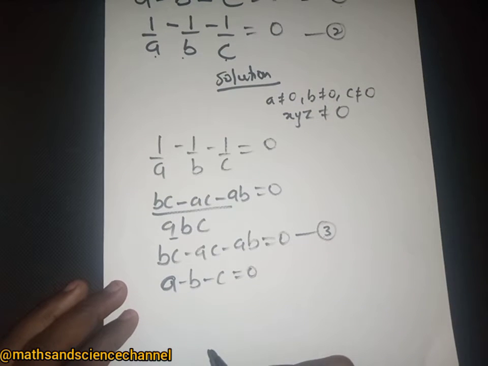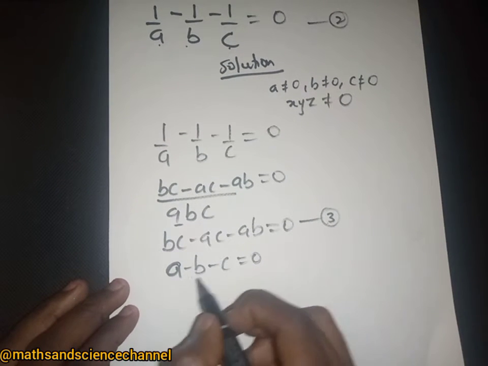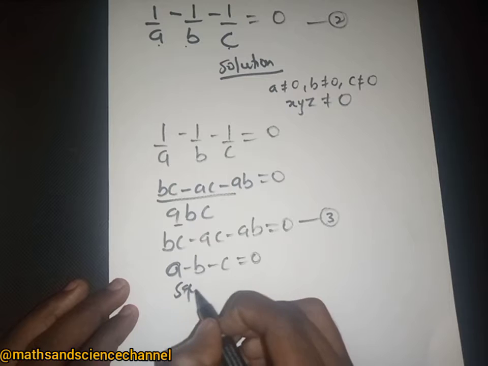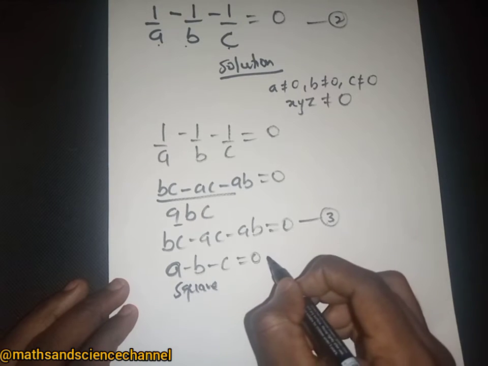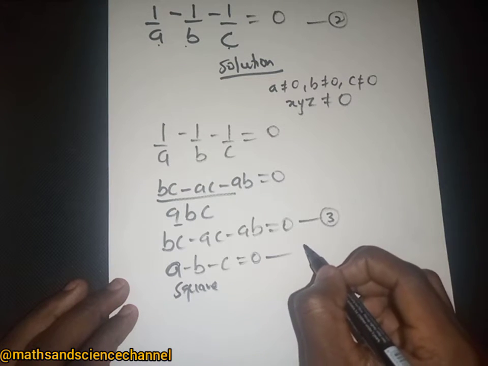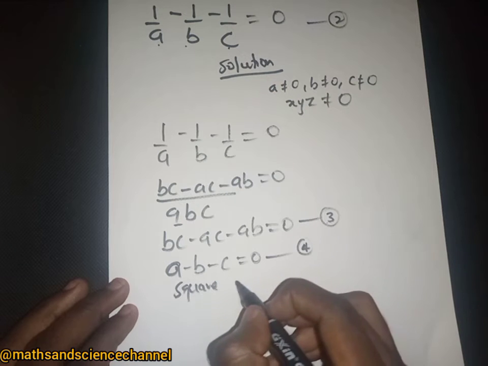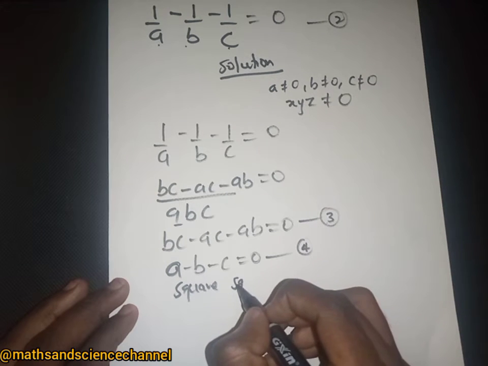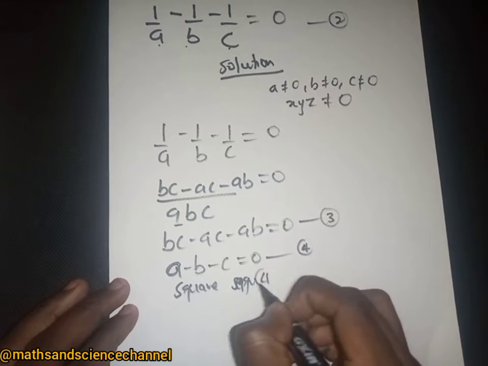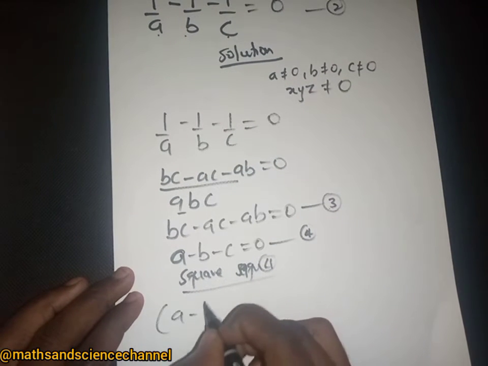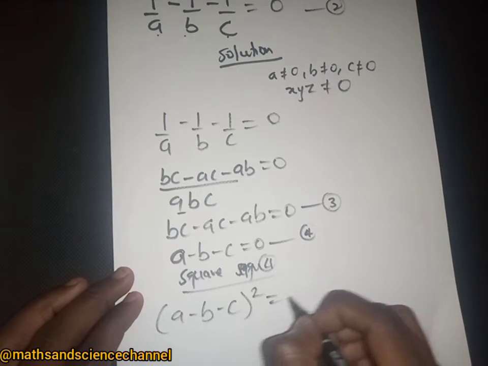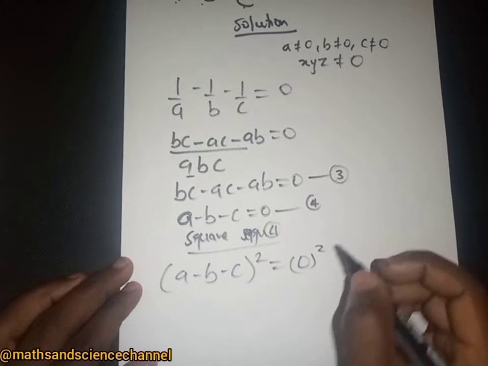So if that is the case, now when we square this, let's call this equation 4. So let's square equation 4, being equal to 0 squared, then what are we going to get?